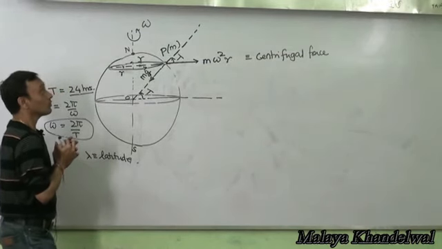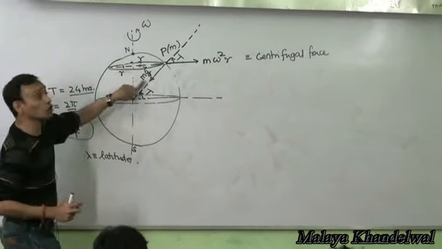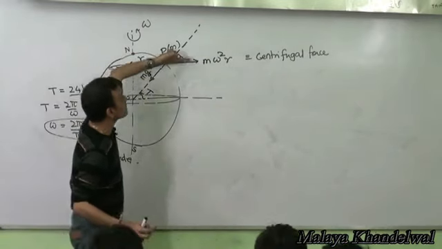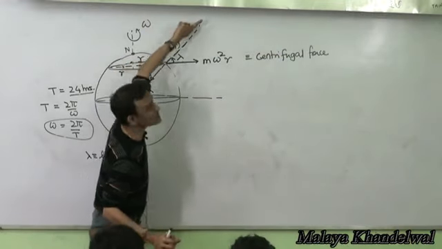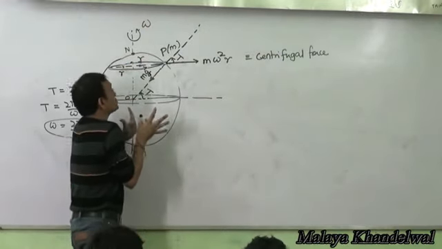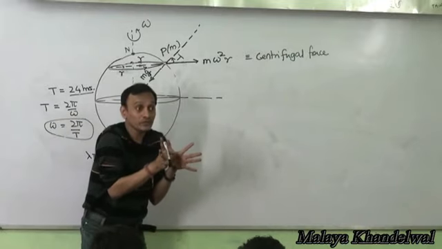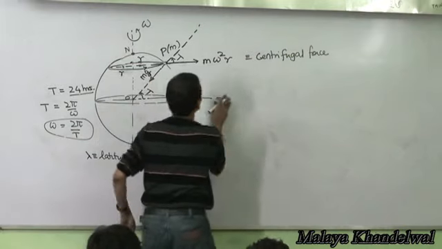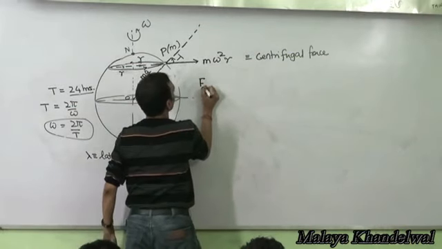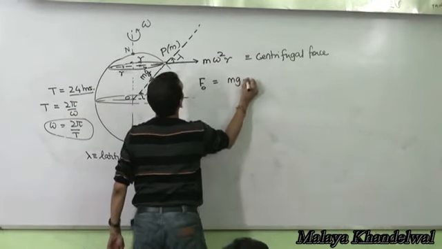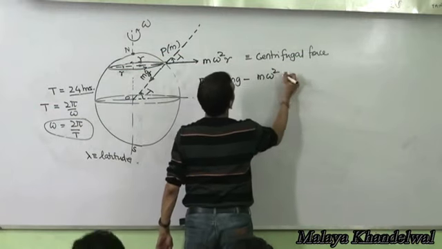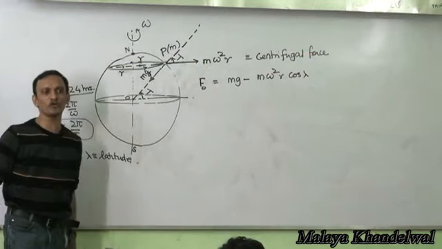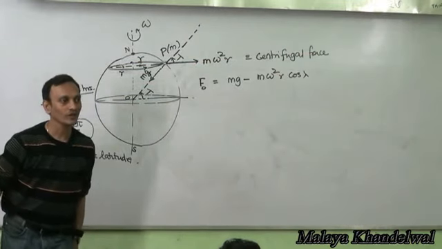Which means now, the force towards O is no longer mg. It's mg minus the component of the centrifugal force in this direction. So the net force towards O is less than mg. Therefore, the acceleration due to gravity decreases here, right? So the net force towards O is mg minus the component of the centrifugal force, which is m omega squared r cos lambda. That's the net force towards O, right?